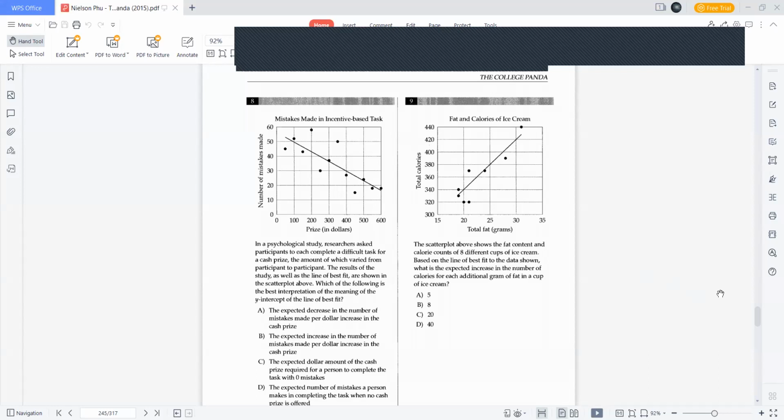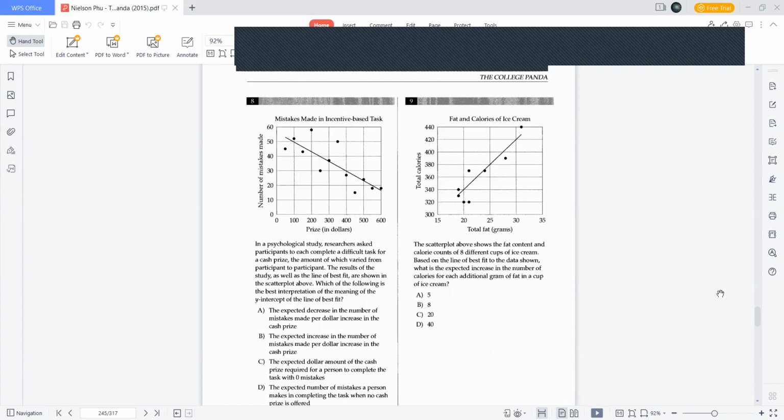So I believe the answer choice is C. How did you get that? Well, sir, it's asking for the expected increase in the number of calories for each additional gram of fat in a cup of ice cream.